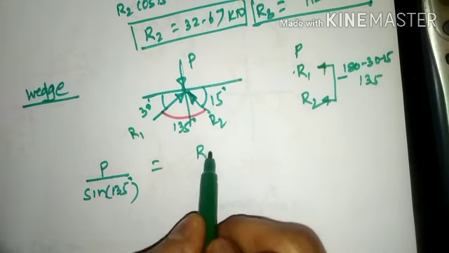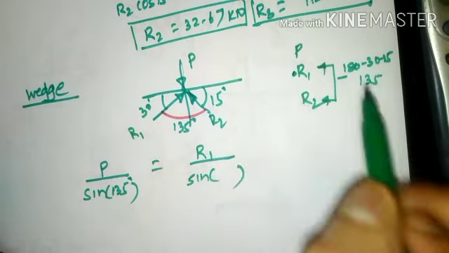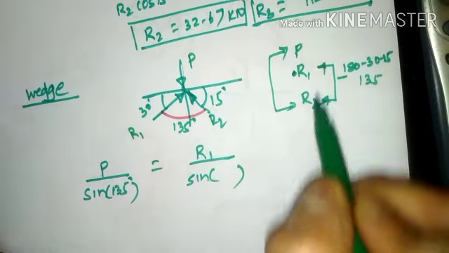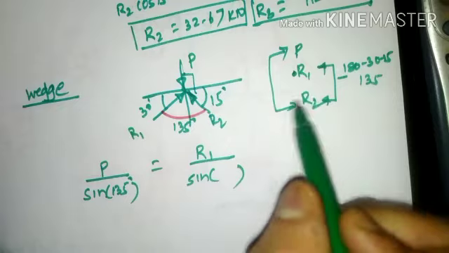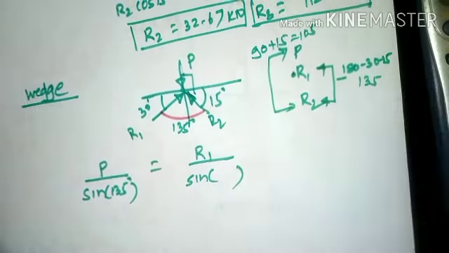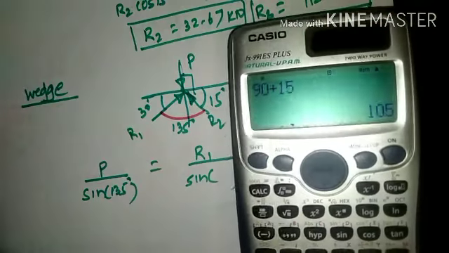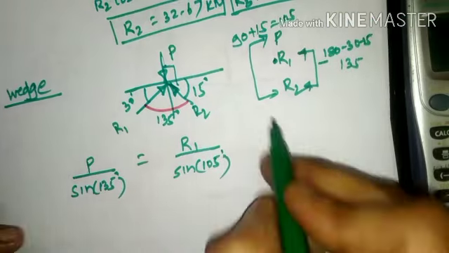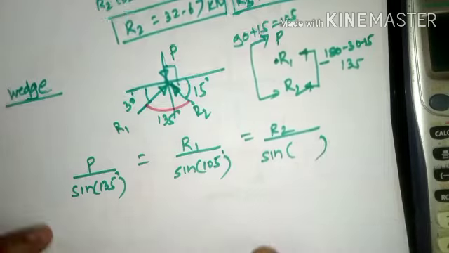Likewise, R1 divided by sine of the inclination between the other two forces. If I consider R1, other two forces are P and R2. The inclination between P and R2 will be 90 plus 15, which shall come out to 105 degrees. This will be equal to R2 divided by sine of the inclination between the other two forces.